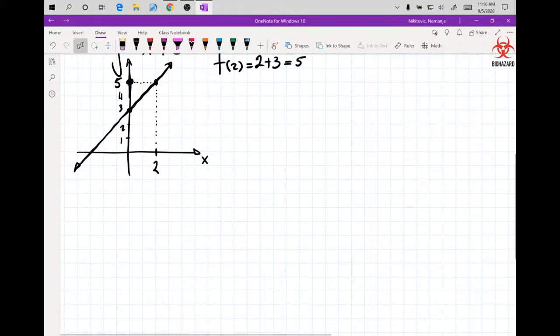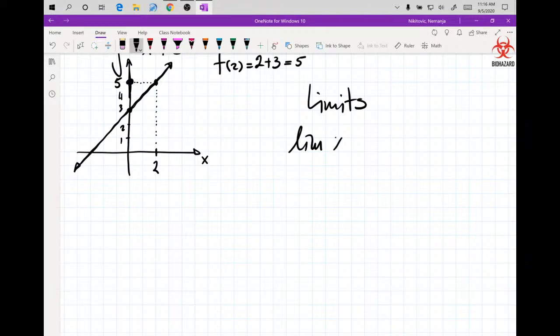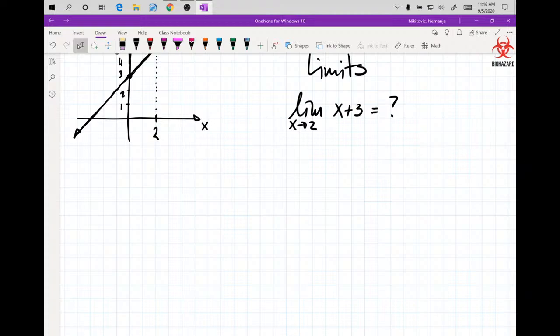Now, what do limits do? Well, in this case, limit of x plus 3 as x approaches 2 is what? Well, let's use limits appropriately to figure it out.